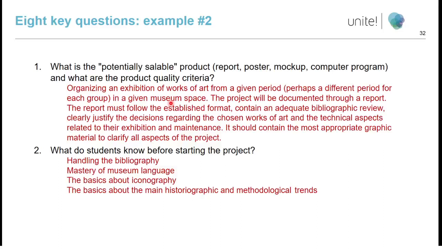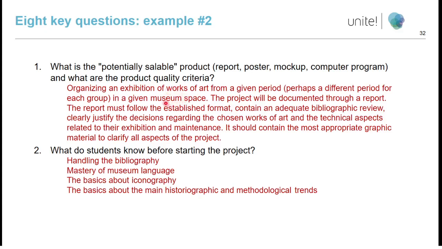In this case, the potentially saleable product is the organization of an exhibition of work of art from a certain period in a given museum space. Maybe each team can even be assigned a different period, so each team has a different project, if this is what we want.